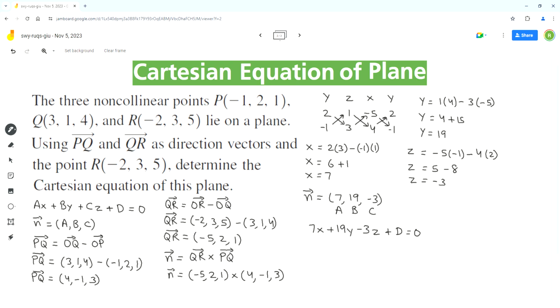Next, we have to find the value of D. For that, we have to use the point R. The point R is -2, 3, 5.